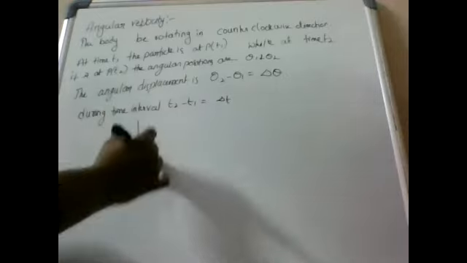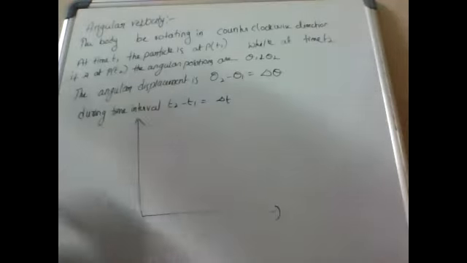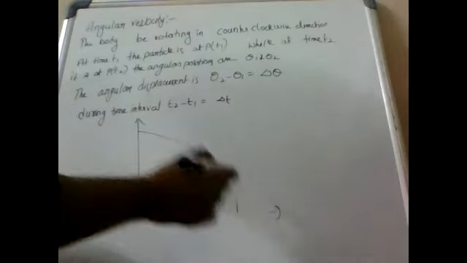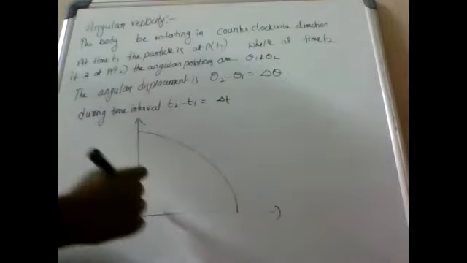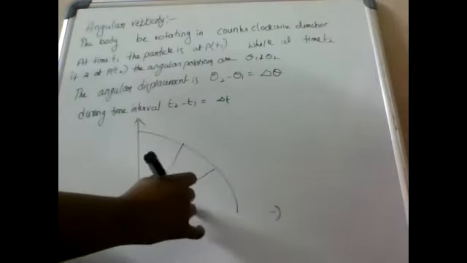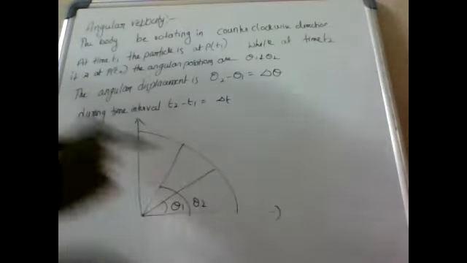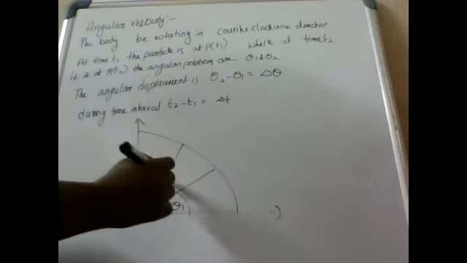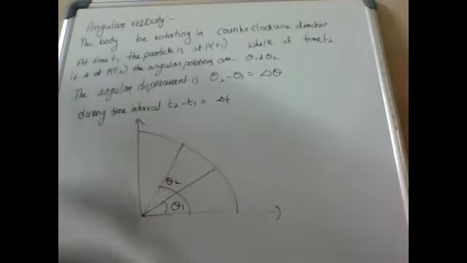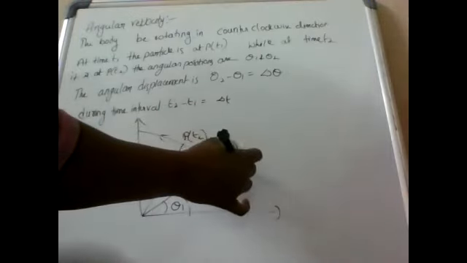So this is the diagram for time t1 to time t2. So here theta1 and here theta2. So here P of t2, here P of t1.